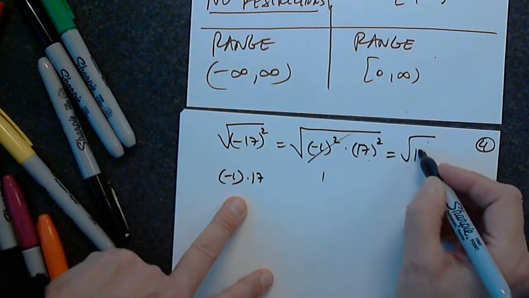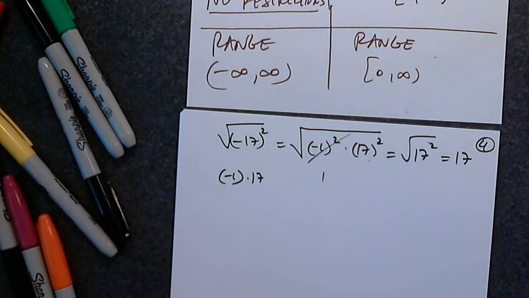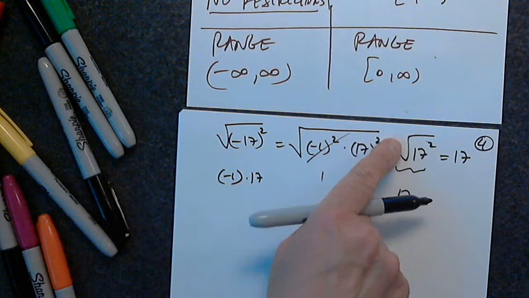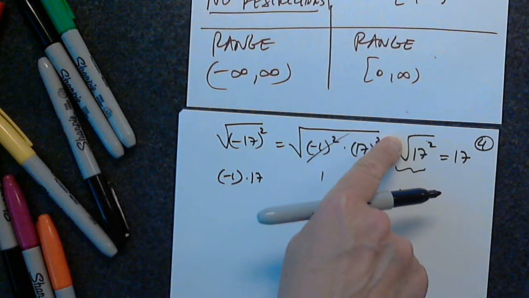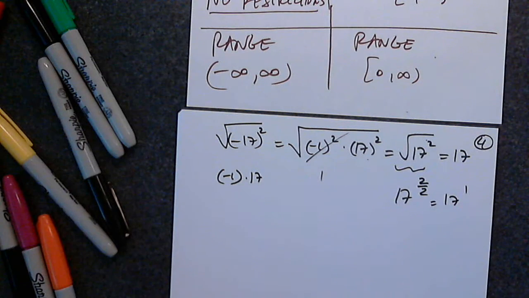And then I get the square root of 17 squared, and now it's okay to write 17. Why? How come? Because remember, we are changing this into 17 raised to the power 2 over 2. 2 over 2 would be 17 to the first power. So please understand what's happening here. With the even indices, not only does the quantity under the radical have to be positive or 0, but also the result has to be positive or 0.